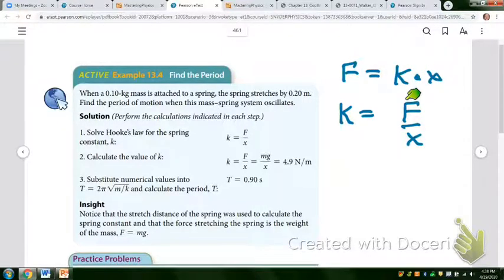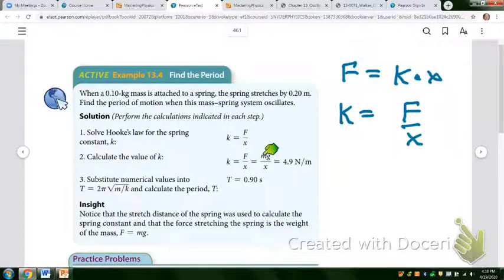And let's see, I don't know the force, but could I calculate that force if I know mass? Because the force on this would simply be a gravity force. So I could just simply replace the F with an mg, which is what they're doing right here. They're replacing the F with an mg because we know m.